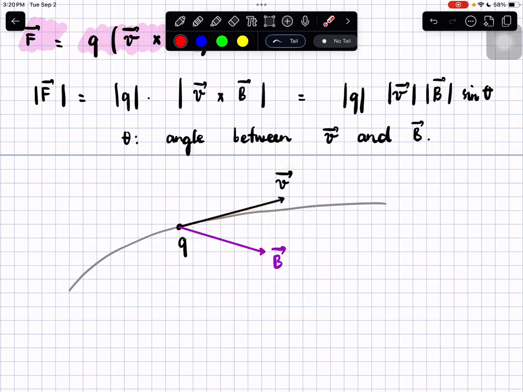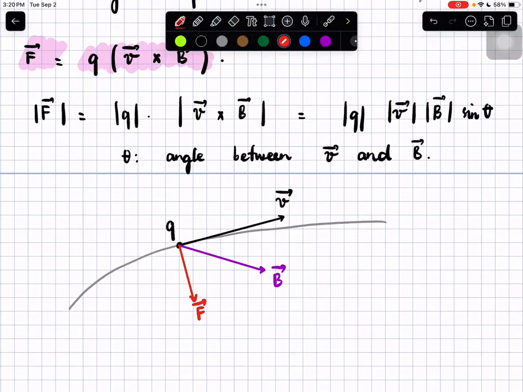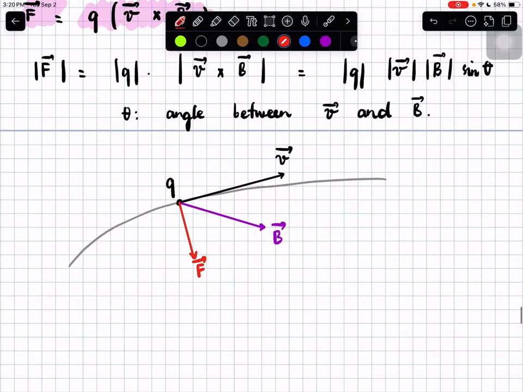By using the right hand rule, you can see that the force is pointing down in this case. Here's the force F. So F is Q times V cross B.